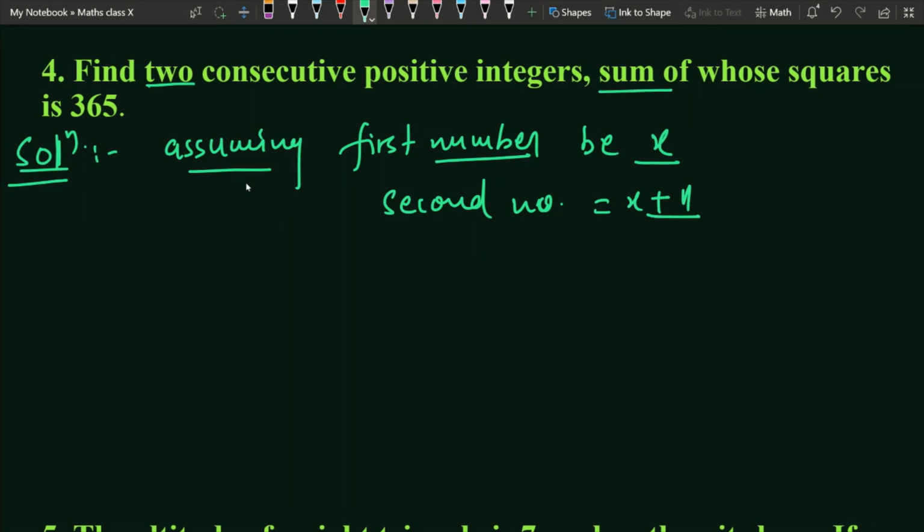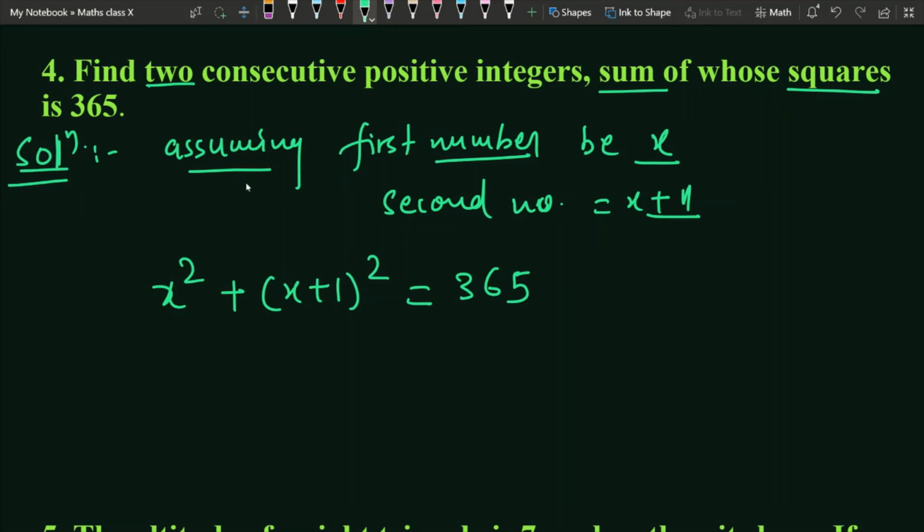It is saying the sum of whose squares is 365. So that means square the first one, square the second one, and add them: x square plus (x plus 1) whole square is 365. That's it.